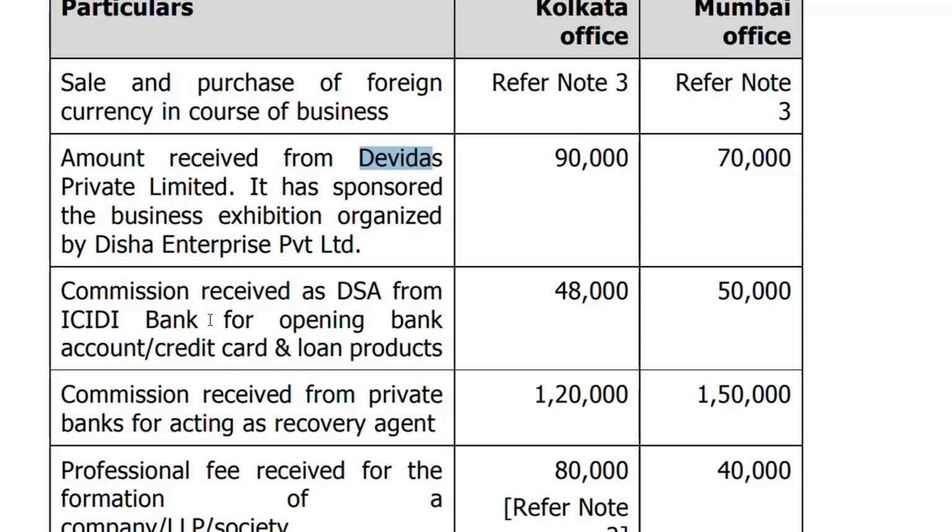Disha Enterprise is providing service. So if Disha Enterprise was not a body corporate, then it would have come under RCM. But here, Disha Enterprise is a private limited, a body corporate. Though the commission is received as a DSA, it will not be considered a transaction under RCM. So here, Disha Enterprise has to pay the tax, not the receiver of the service, not the bank.